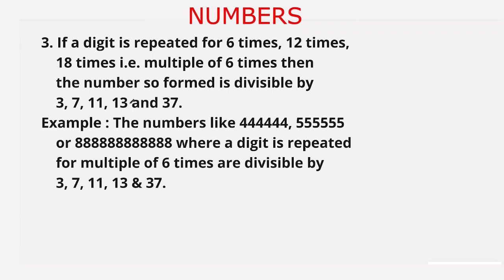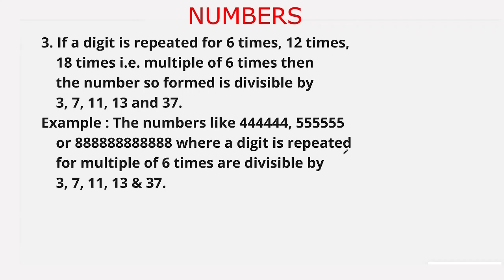Part 3, if a digit is repeated 6 times, 12 times, 18 times, that is a multiple of 6 times, then the number so formed is divisible by 3, 7, 11, 13 and 37. Example, numbers like 444444, 555555, where 4 is repeated 6 times, 5 is repeated 6 times, or 888888888888, where the digit 8 is repeated 12 times.